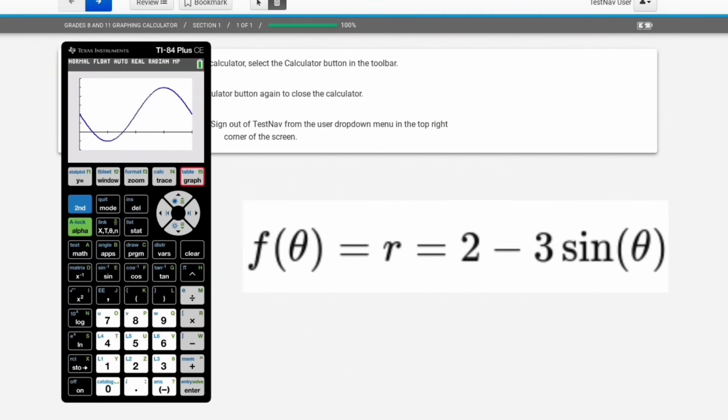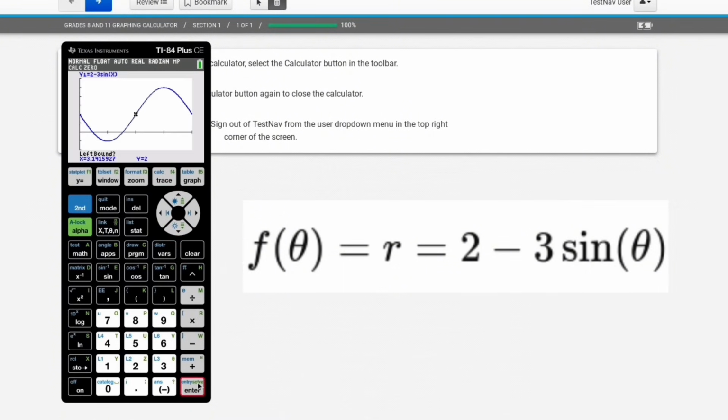Now, what I said is we care about where things are moving away from the x-axis. Interval number 1 is going to start from here and end here, because at this small, tiny curve, we are moving away from the x-axis. So I need to see what that is. That is a 0. I'm going to hit second, calc, and go to 0, which is the second one.